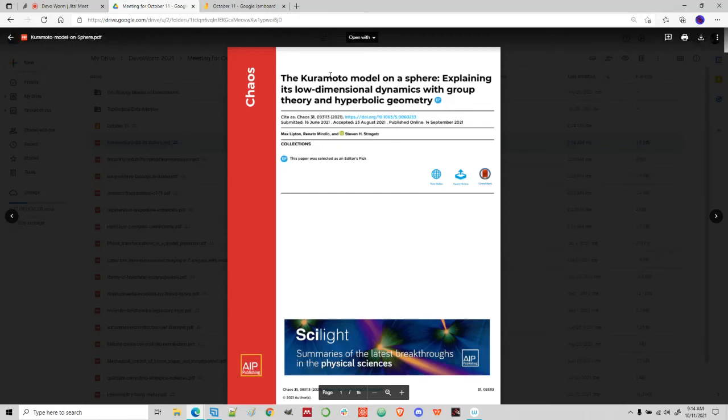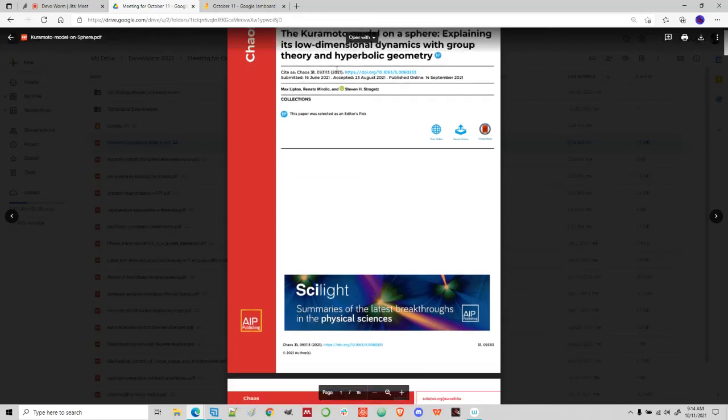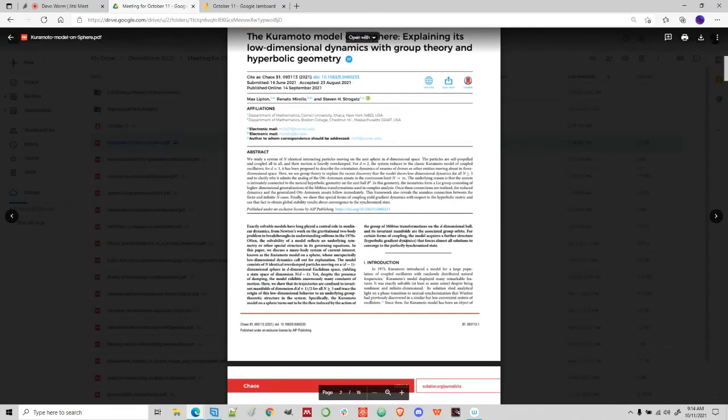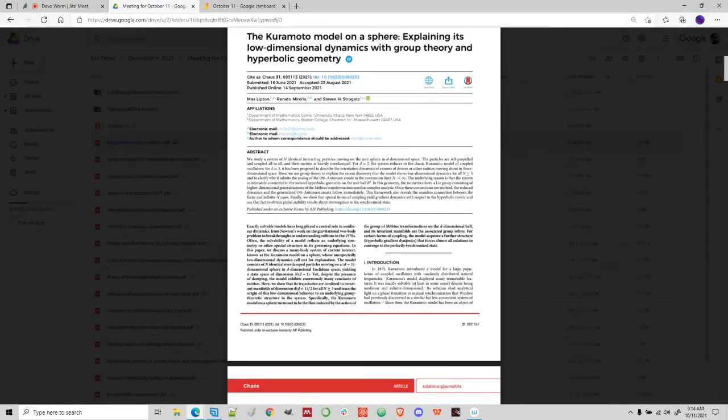Kuramoto was a scientist who created a model of this type of synchronization of oscillators. You can apply it to fireflies, to groups of neurons, to anything that has an oscillation period, where you have a lot of agents with different oscillation periods and you watch them synchronize.